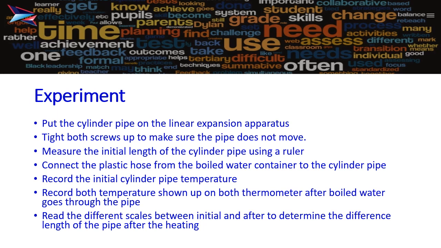Then record both temperatures shown on the two thermometers after the boiled water goes through the pipe. Then we need to read the difference in scale readings between the initial and after to determine the change in length of the pipe after the heating process. So you will get all of the data after you do this step of the experiment.